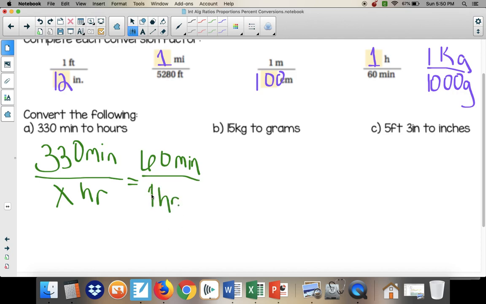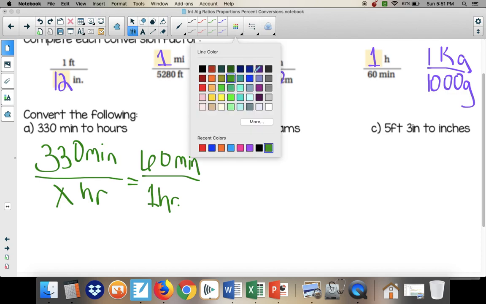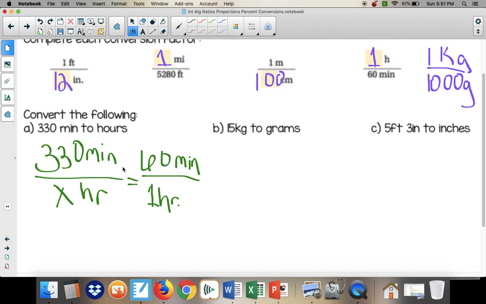All right, so there's a couple ways that we can go through this. We can figure out, all right, how many times does 60 go into 330? How many times does 1 go into 60? You can also do cross products, where you are multiplying and then you are dividing. So any of the ways would work.